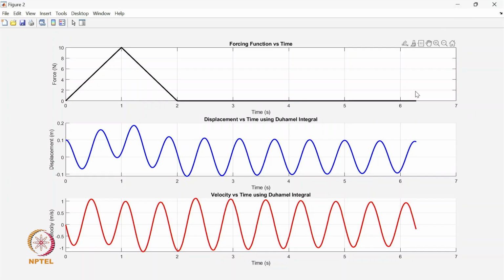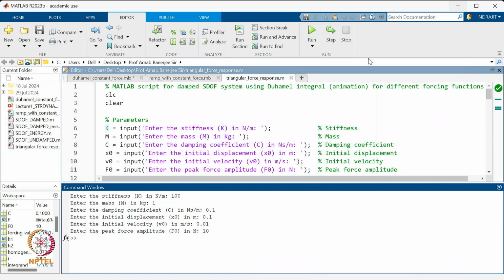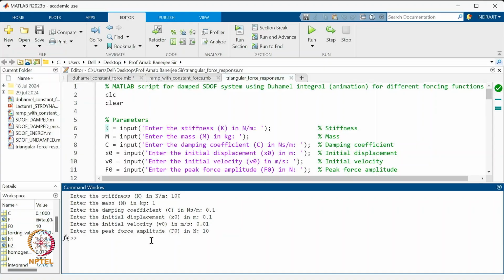Very light damping, very minute. I can try to increase the damping and let's see. So this is as good as the undamped case.